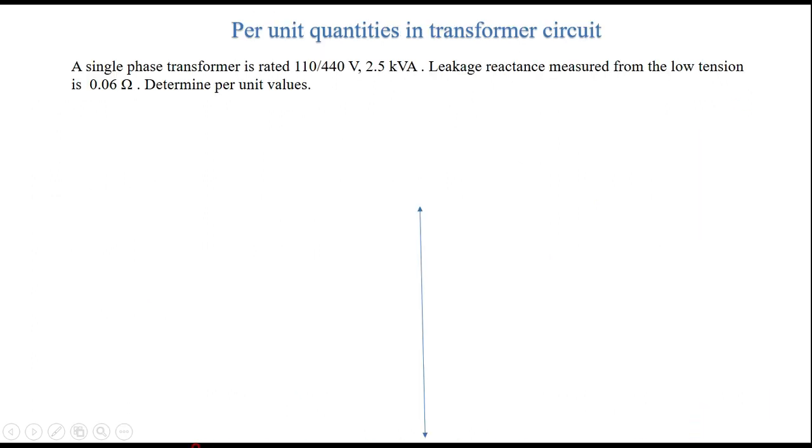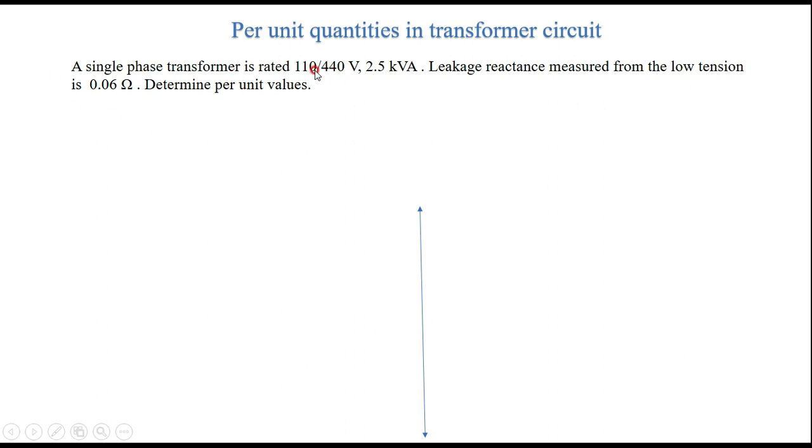Then another important calculation in the per unit calculations is the transformer: the reactance, its voltage, its current referred to the primary and the secondary side remains the same. I want to justify this particular statement by taking a small example.